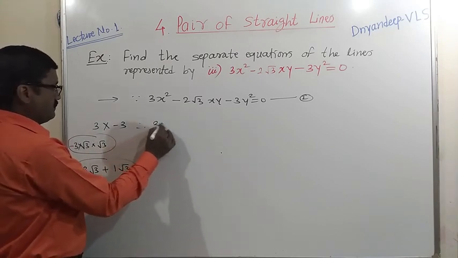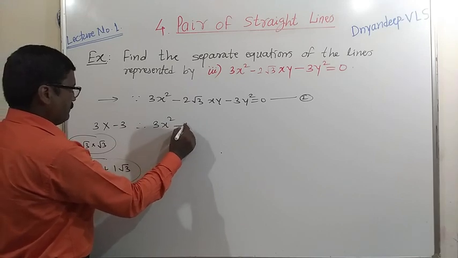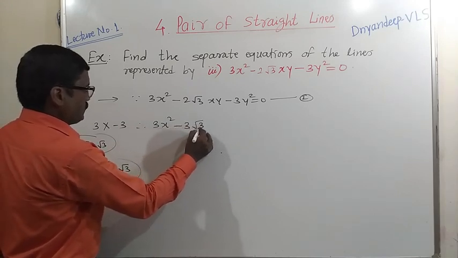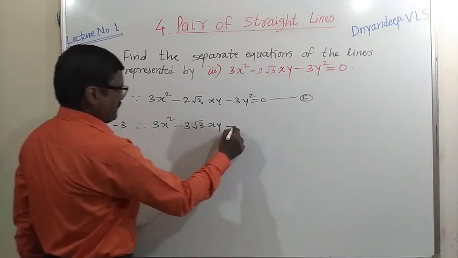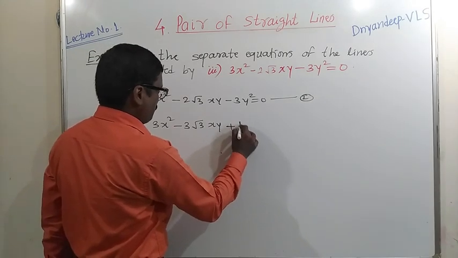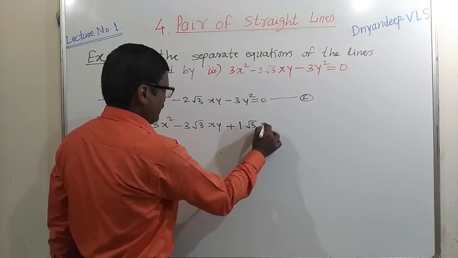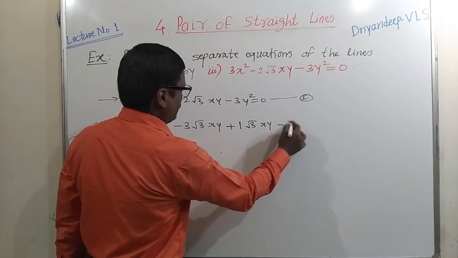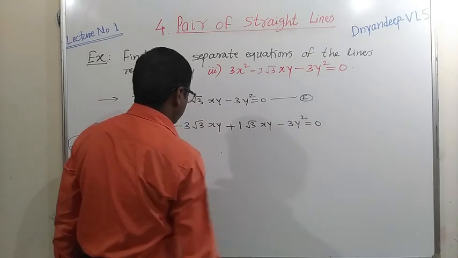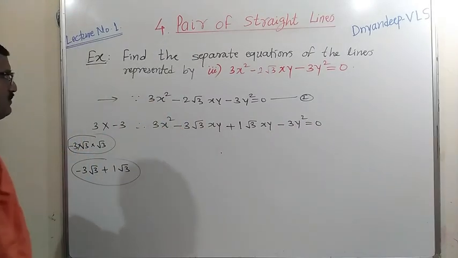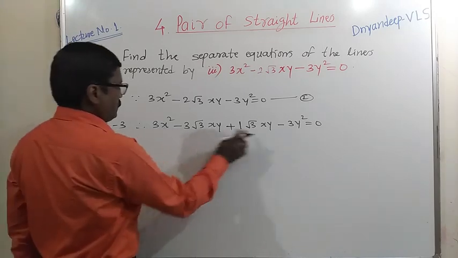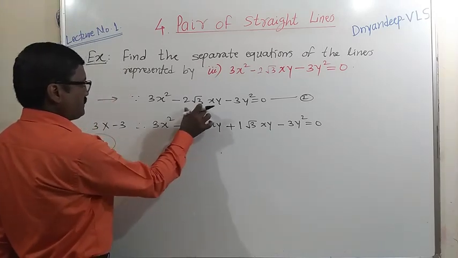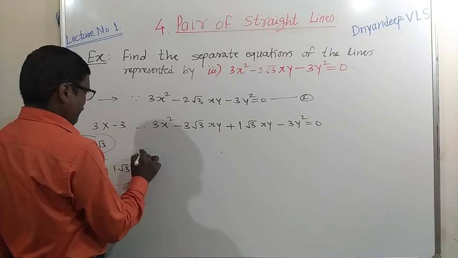Therefore the factors are 3x² − 3√3xy + √3xy − 3y² = 0. It is important to obtain these two terms so that we get the addition as −2√3xy.